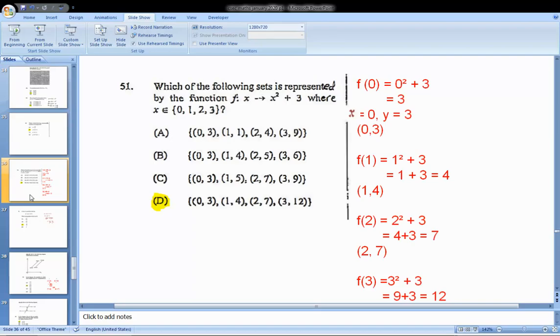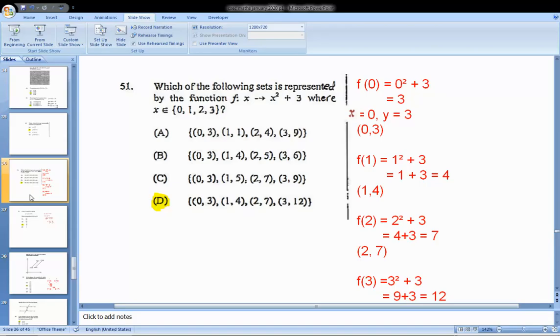It says, which of the following sets is represented by the function f of x, x squared plus 3, where x equals 0, 1, 2, 3. Now, we simply plug in our values, substitute our values.